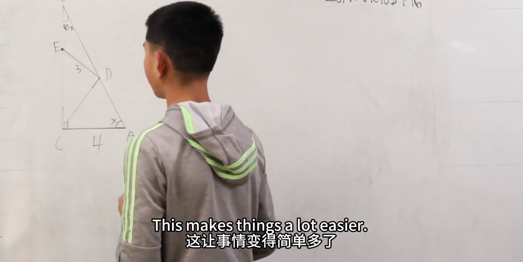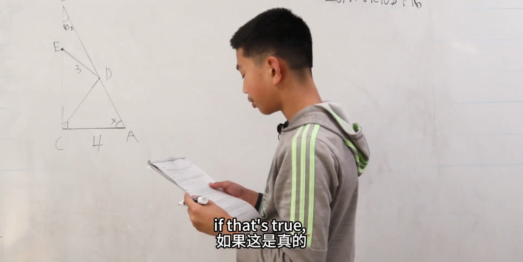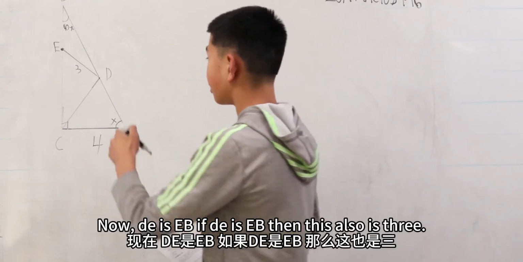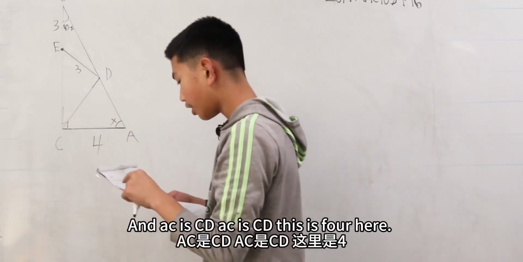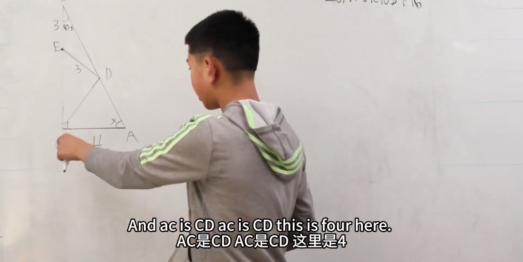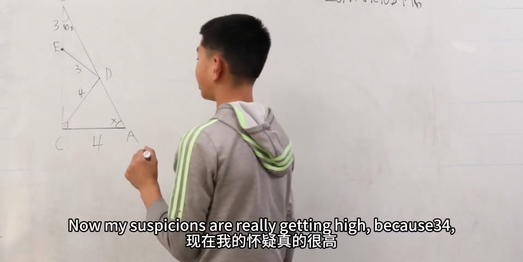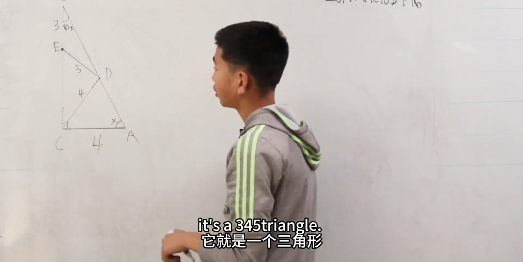This makes things a lot easier. Now, if that's true, we can go back. DE is EB, so this also is 3. And AC is CD, so this is 4 here. Now my suspicions are really getting high, because 3, 4. If it's a right angle, it's a 3, 4, 5 triangle.